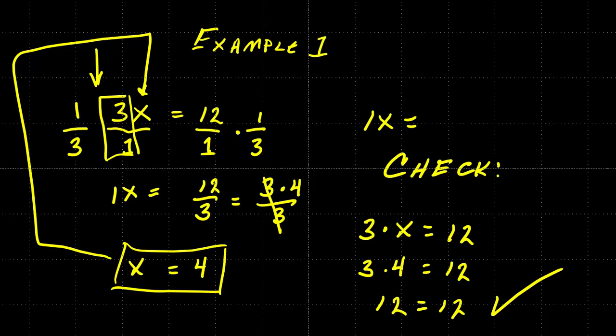Our answer is correct. We got this identity. If we got something other than that identity, then our answer 4 would have been incorrect. But since it solved this equation, since it gave us the proper answer, our derivation was correct.